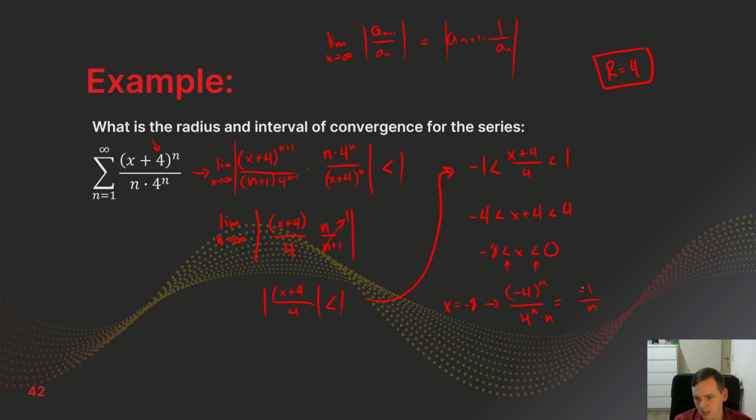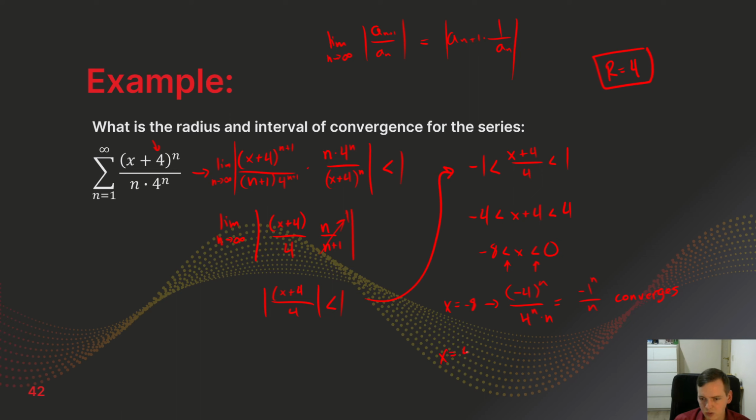And we see it's an alternating series, and therefore it's decreasing, and it is continuous, so this converges.